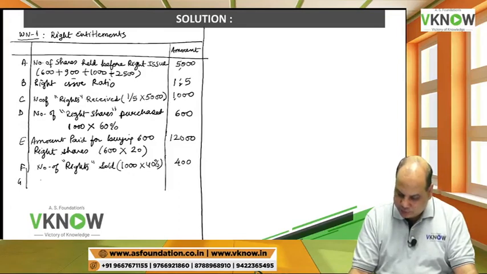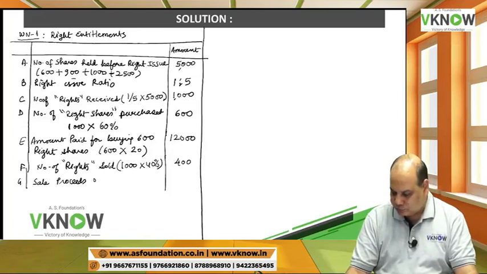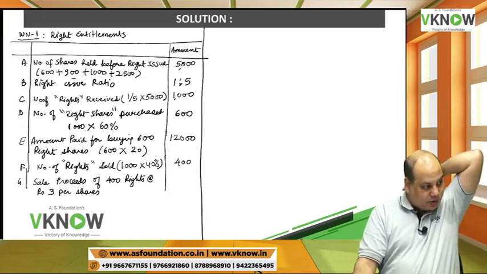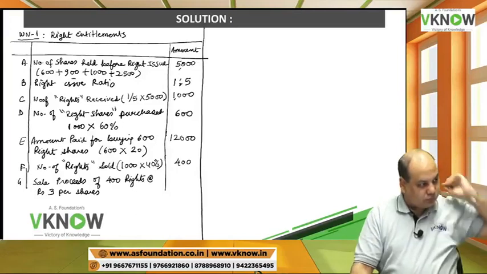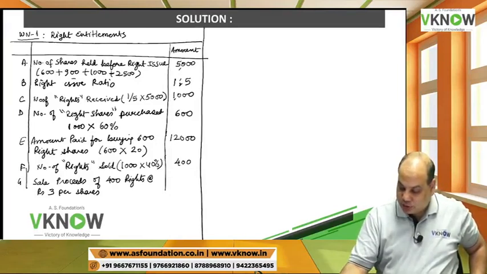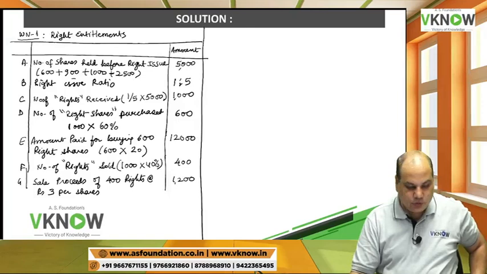Point number G, sale proceeds of 400 rights at the rate of rupees 3 per share. So that comes to 400 into 3, 1200 rupees.